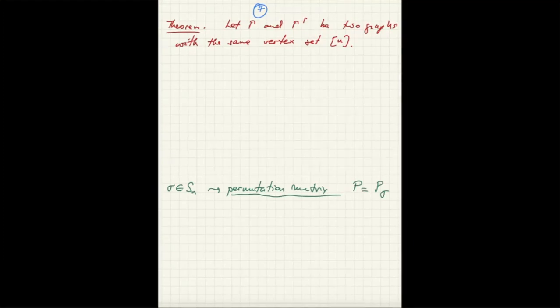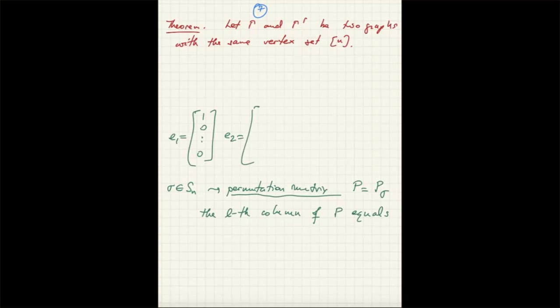The easiest way to remember is that the lth column of P equals, so we have our canonical basis vectors E1, E2, up to EJ, where the 1 is in the J position, and En, where the 1 is in the n position.